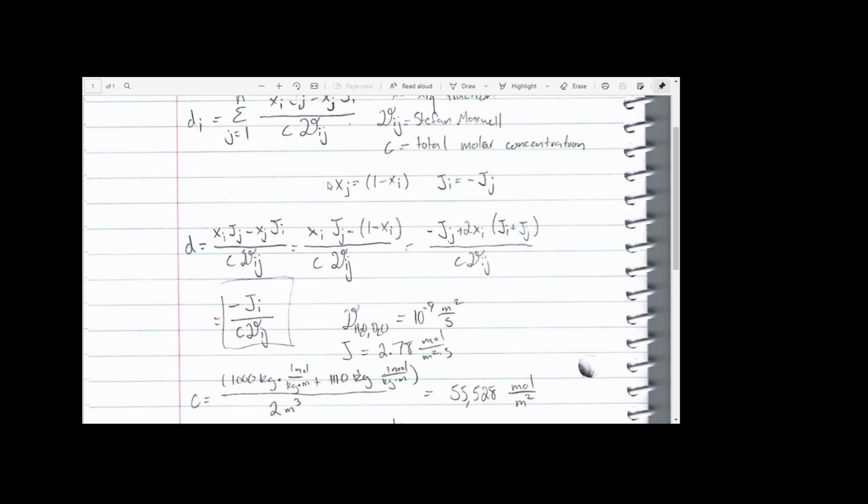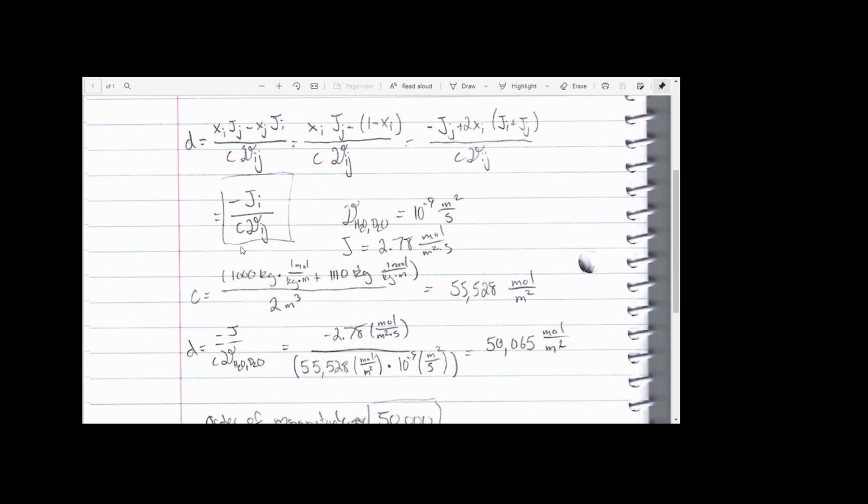Because the mole fractions have to equal 1, we can substitute x_j, the mole fraction of j, with 1 minus the mole fraction of i. As we've seen before, the total molar diffusive flux is equal to the sum of the separate molar diffusive fluxes, which equals 0. Therefore, the molar diffusive flux of i is equal to the negative molar diffusive flux of j. We then plug these variables back into the equation and simplify it down to this term.